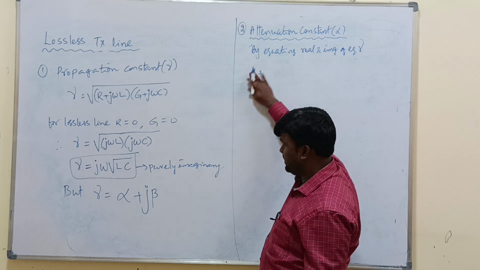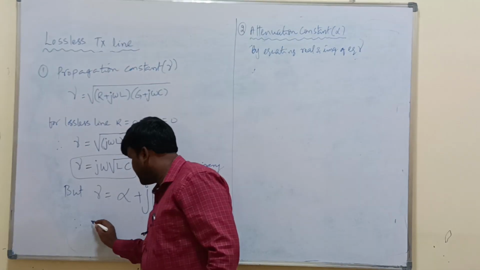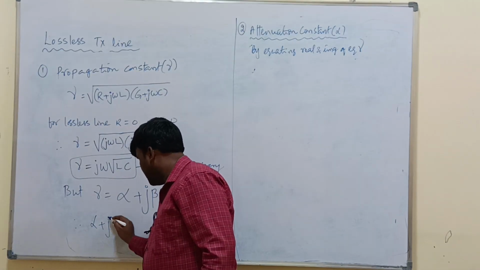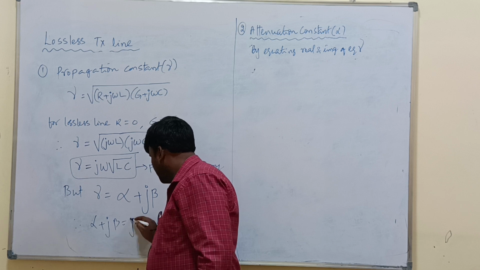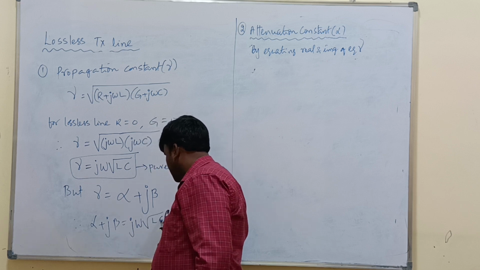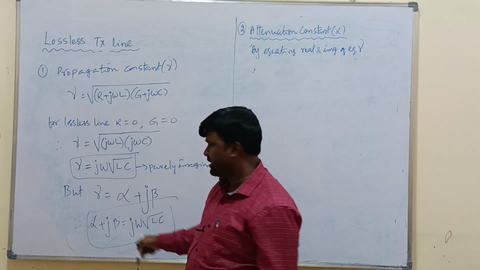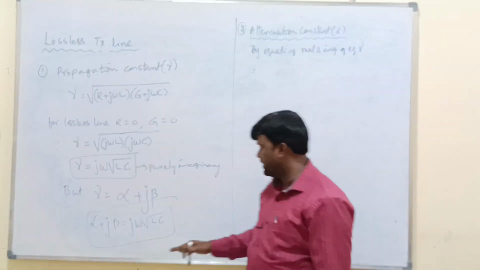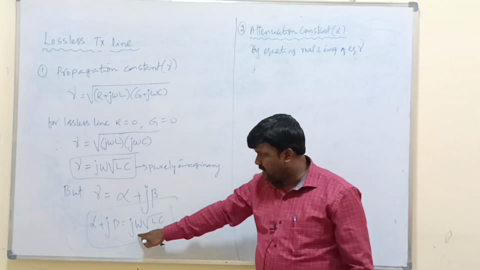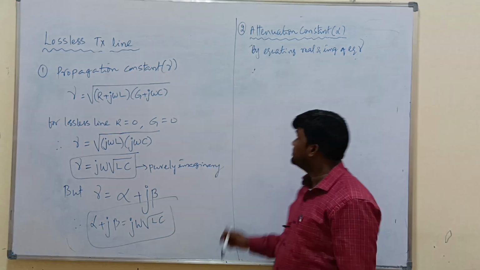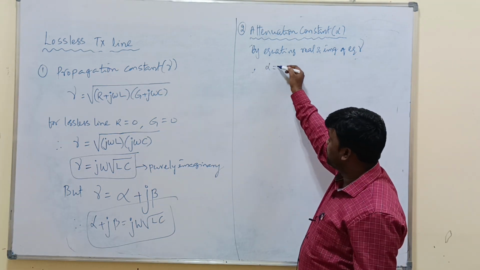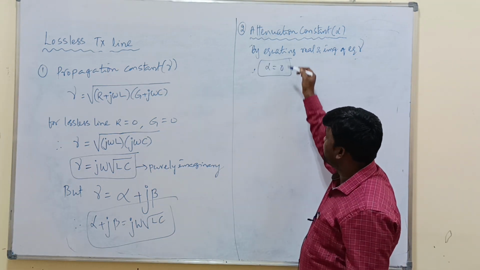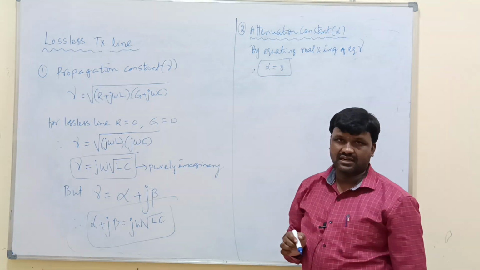Generally gamma is alpha plus j beta, which is equivalent to j omega root LC. By equating real and imaginary, what is real? We have only an imaginary term, which means the real term should be 0. That is alpha equal to 0. So this is the attenuation constant for a lossless transmission line.